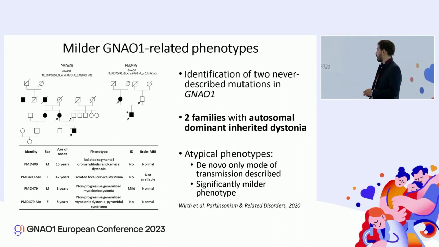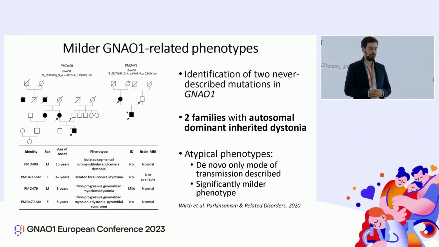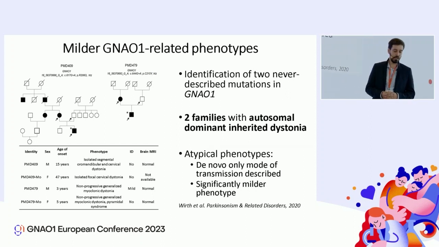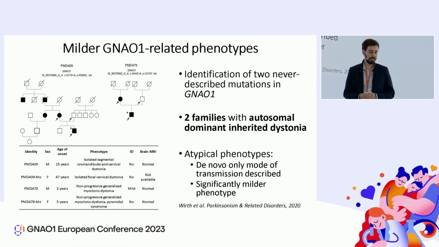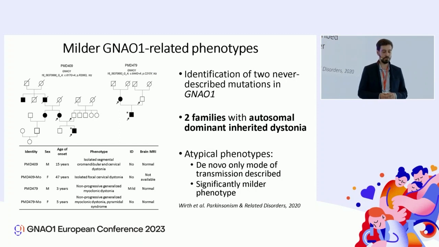In this work, published in 2020, we analyzed two autosomal dominant families of focal or multifocal dystonia. You can see the pedigrees of these two families, associated with two pathogenic variants in GNAO1 that were segregating with the disorders.